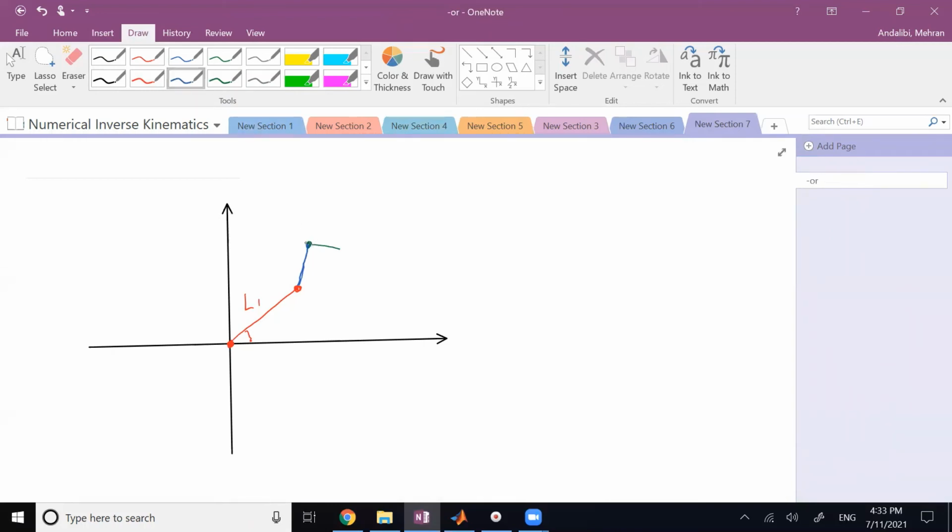So your L2 and your L3 can change. They are variable, and also theta 1 here is variable. Let me put a star next to them, just like the DH table. So these are the variables. So this robot is RPP, planar.